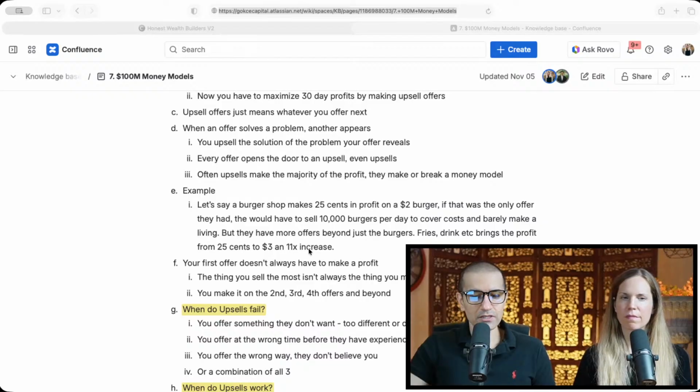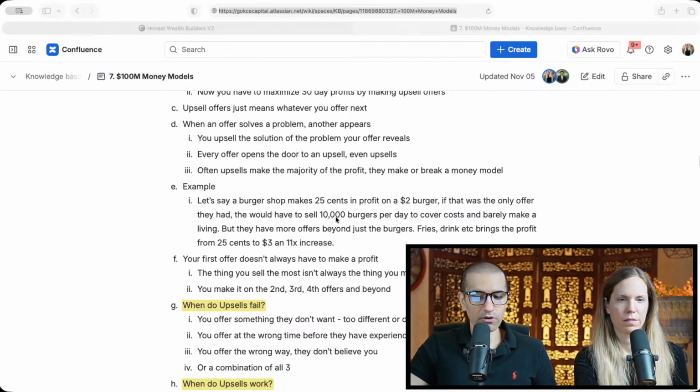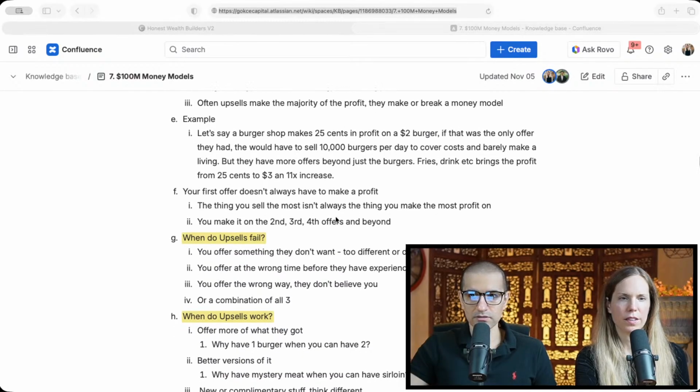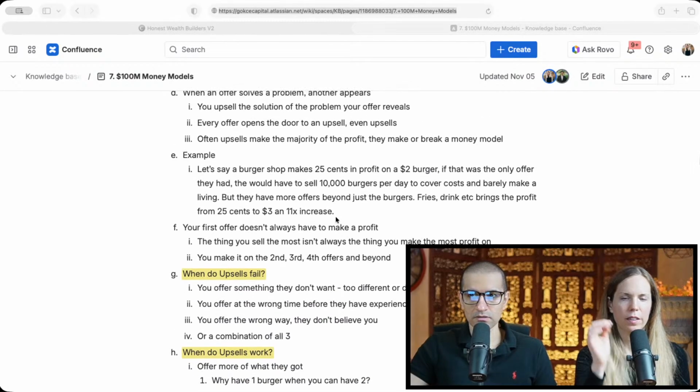So you upsell the solution of the problem your offer reveals. The hardest thing about upsell though for a small business is that it requires you to have multiple products. And usually, not always, but usually when you're starting out small, you focus on one product.